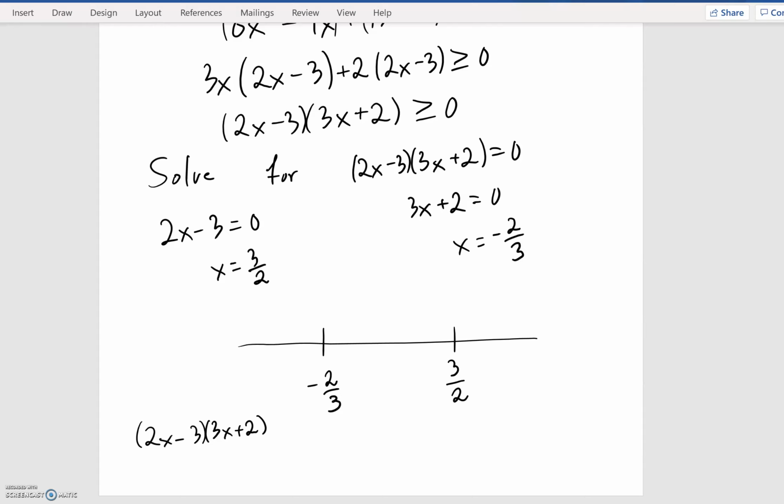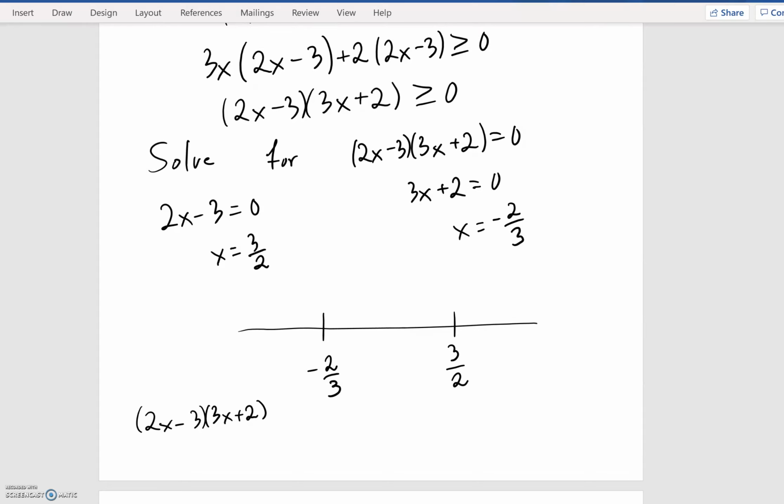So if I plugged in a number less than negative 2/3, so for example, negative 1, looking at that function, plugging in negative 1, what do you get? You will end up with something that is positive. You can verify this yourself.